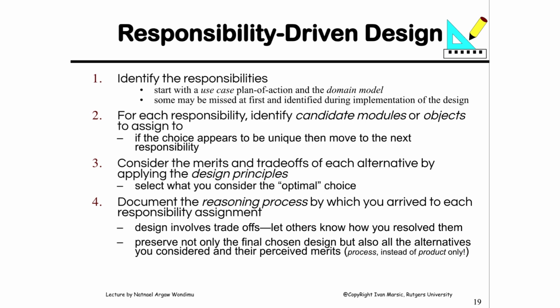Then at the third step, we have to consider the merits and trade-offs of each alternative by applying the design principles we have discussed so far. And finally, we have to document the reasoning process for your selection, and that would help the sustainability of the system development and also the system itself.